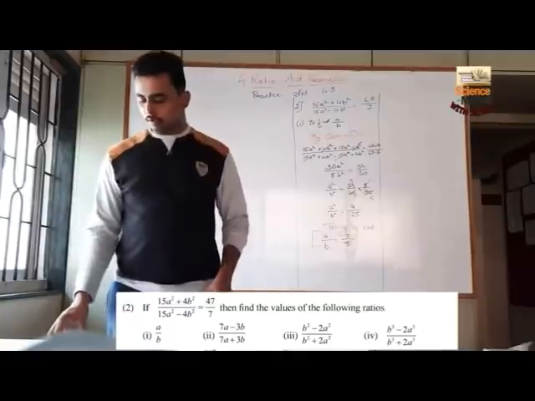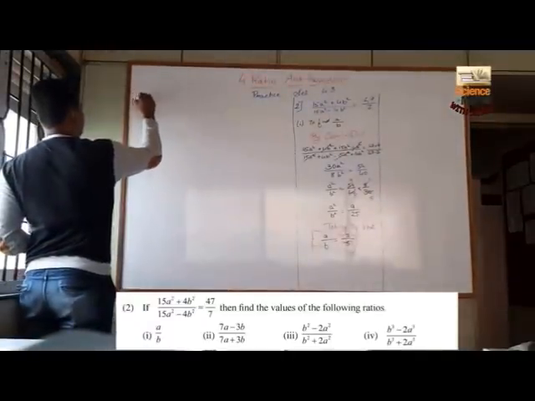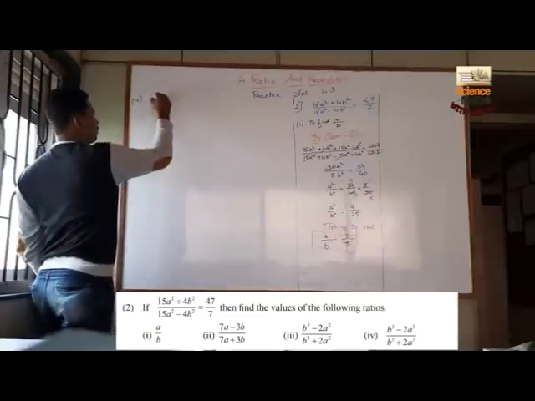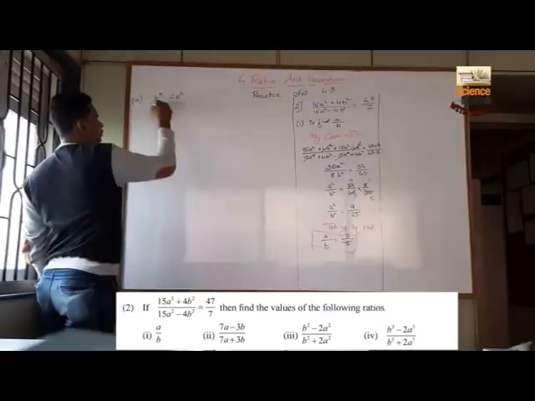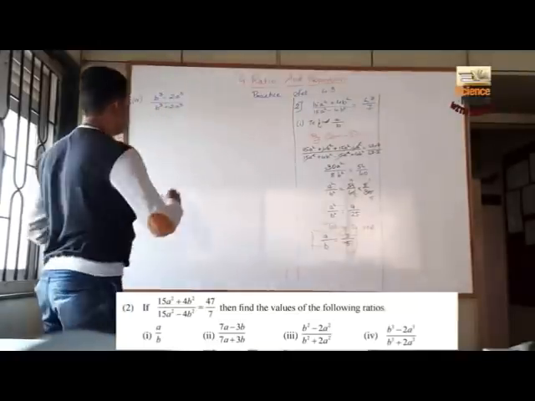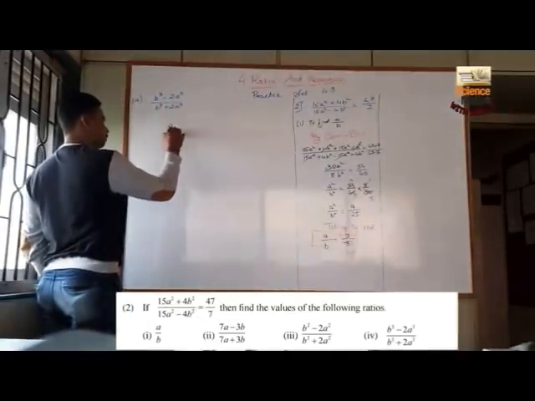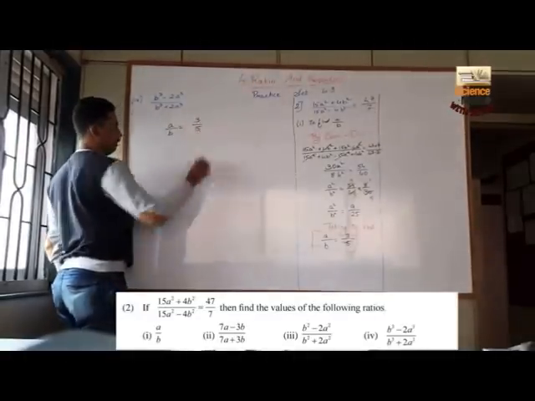So let us see what we are supposed to find in the fourth sub question. In the fourth sub question, we are supposed to find (b cube minus 2a cube) upon (b cube plus 2a cube). This is what we are supposed to find, and what I have is a upon b is equal to 3 upon 5.